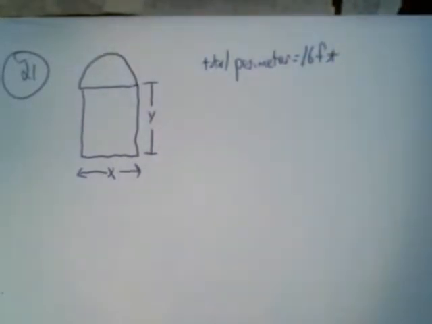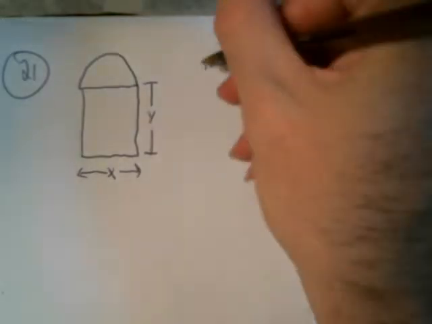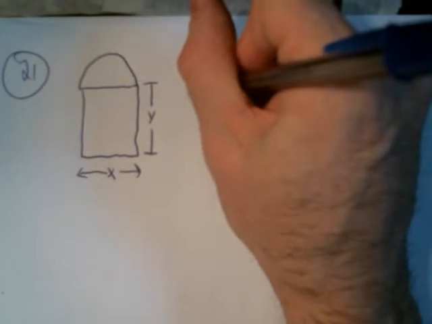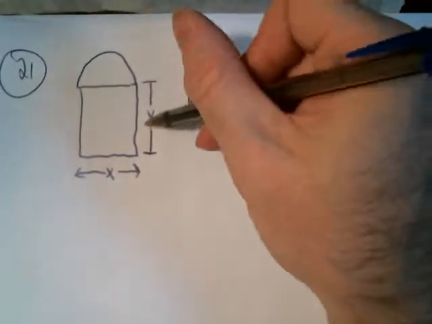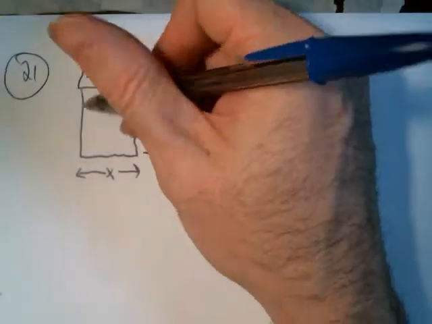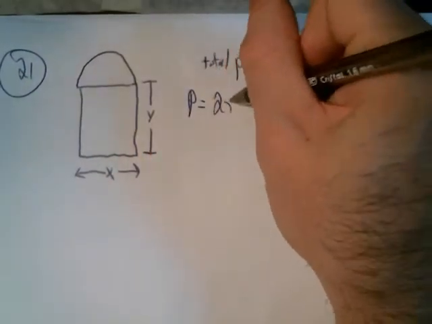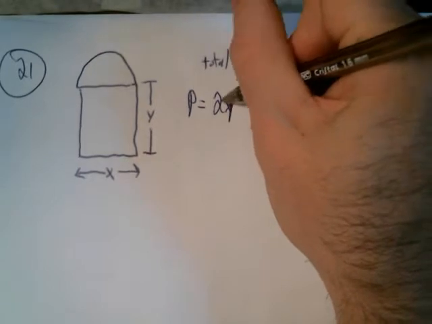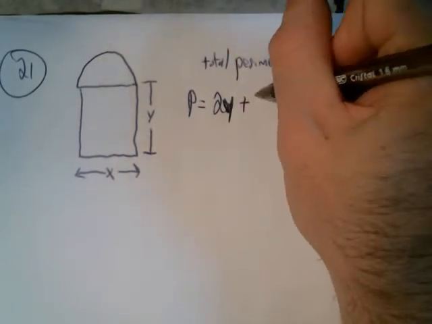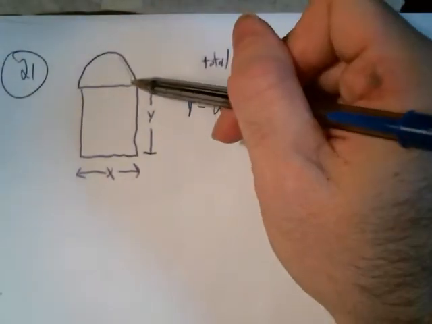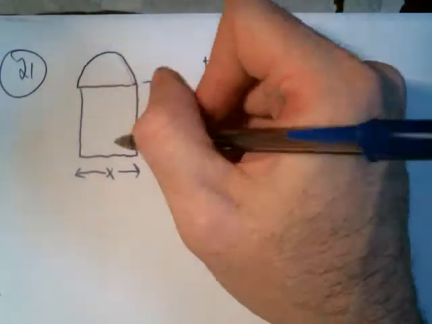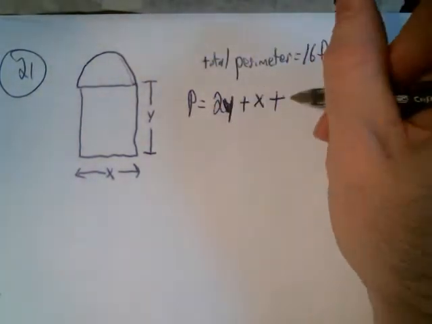Okay. So we need an equation for the perimeter, and then we need an equation for the area. The perimeter, in terms of x's and y's, is just going to be y plus x plus y, so 2y plus x, and then plus the circumference of the semicircle up here.